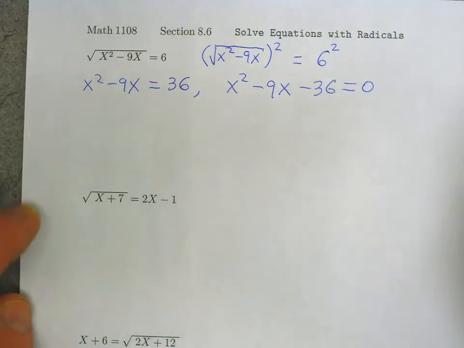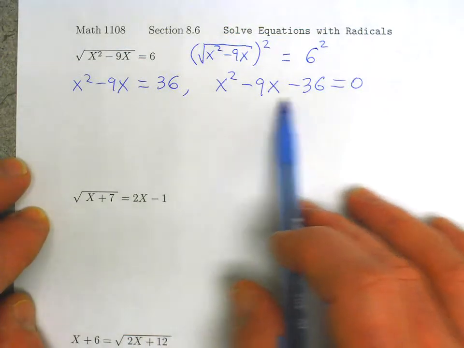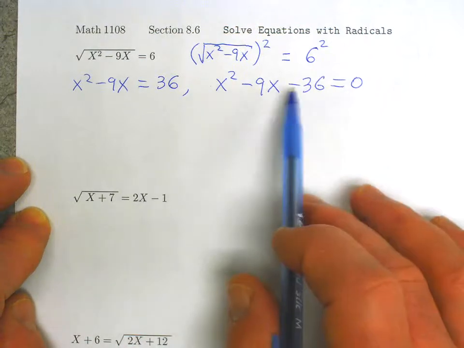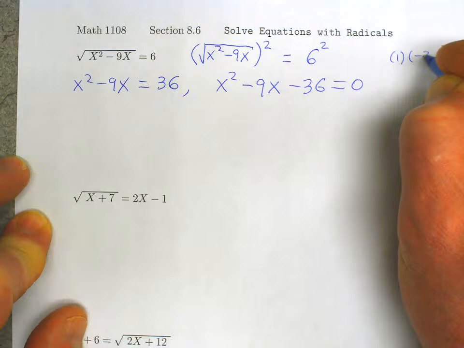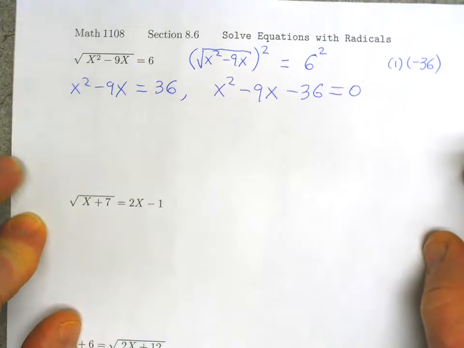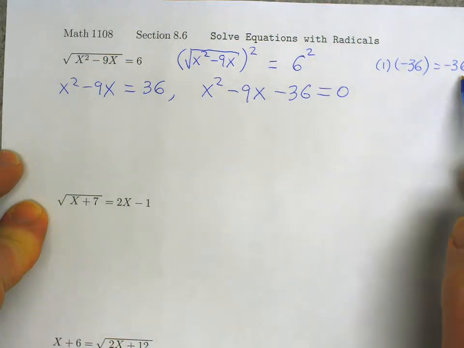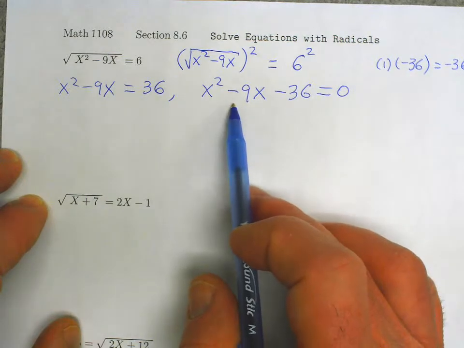If you want to use the AC method to see how to factor this, multiply 1 times negative 36. So we can review the AC method. So 1 times negative 36 is negative 36. And we want to see if we can find two integers that have a product of negative 36 and a sum of negative 9.